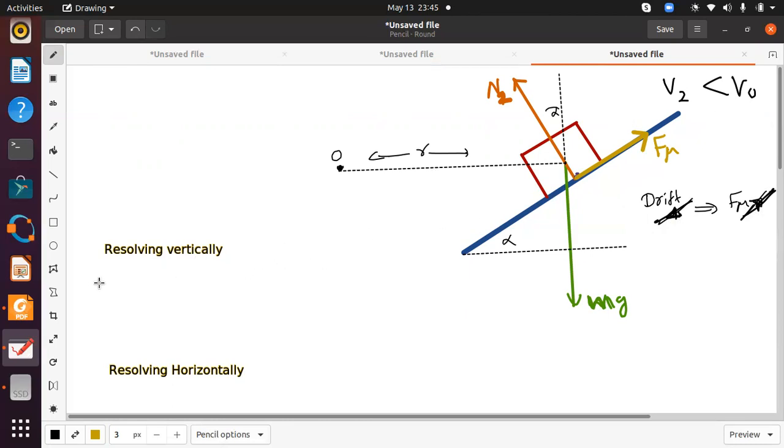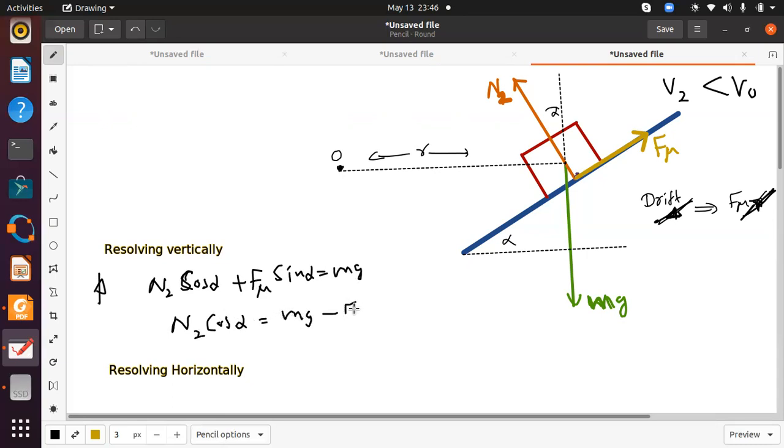And now if we resolve this vertically, we get N2 cos alpha plus f mu sine alpha equals mg. Now what happens? N2 cos alpha equals mg minus f mu sine alpha. Okay.